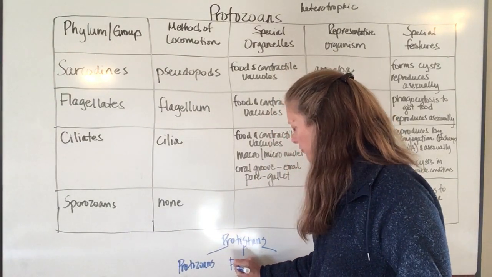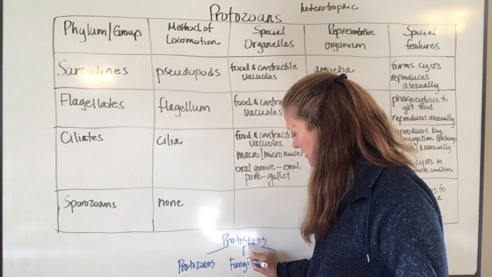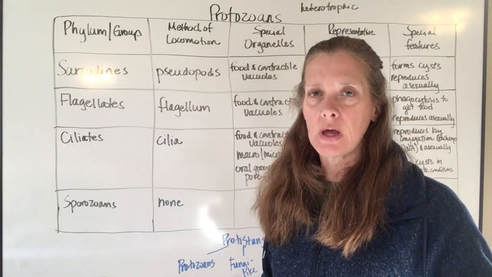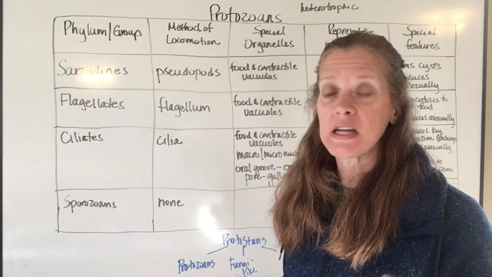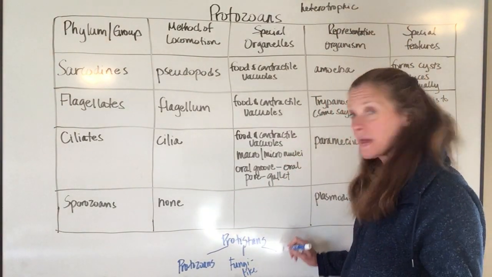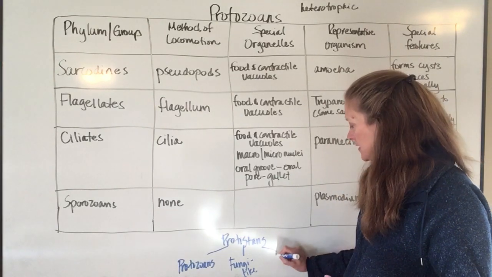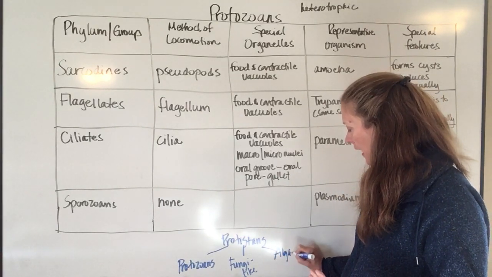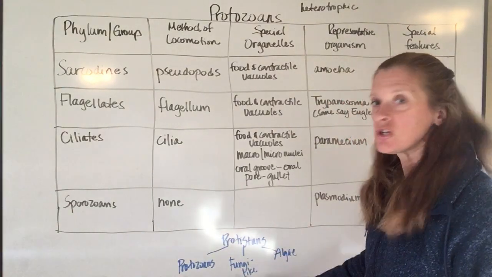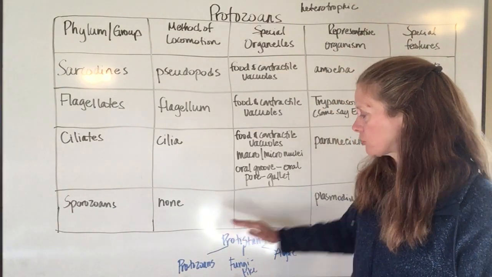We can classify some of the protistans as fungi-like, and so that means by feeding habits, most of them, or almost all of them, are going to be decomposers. And then you're also going to have your plant-like protistans, and they're all called algae, and they're going to be autotrophic.